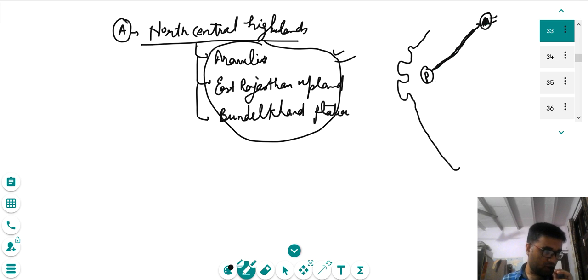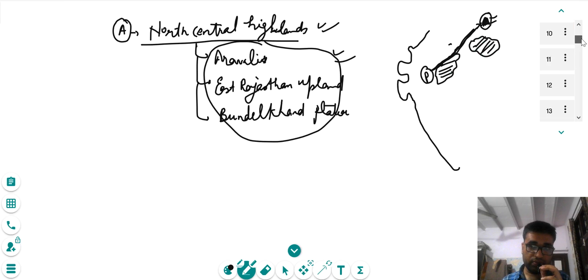So this is the range of the Aravalis. Here you have the Bundelkhand Plateau, and here you have the East Rajasthan Plains. So this is the first part of the peninsula, that is the North Central Highland.